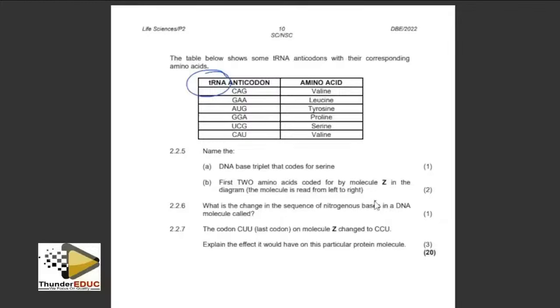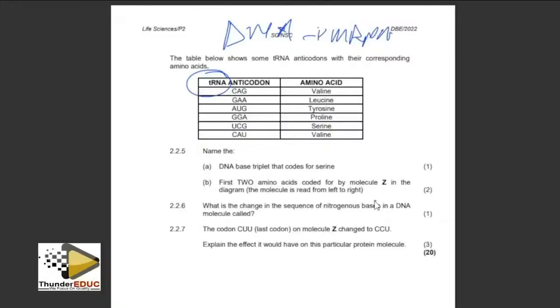If they say this is DNA and they gave you DNA at the beginning, then you don't need to change. If they give you DNA and what is here is transfer RNA, you have to change it to messenger RNA and then to transfer RNA.